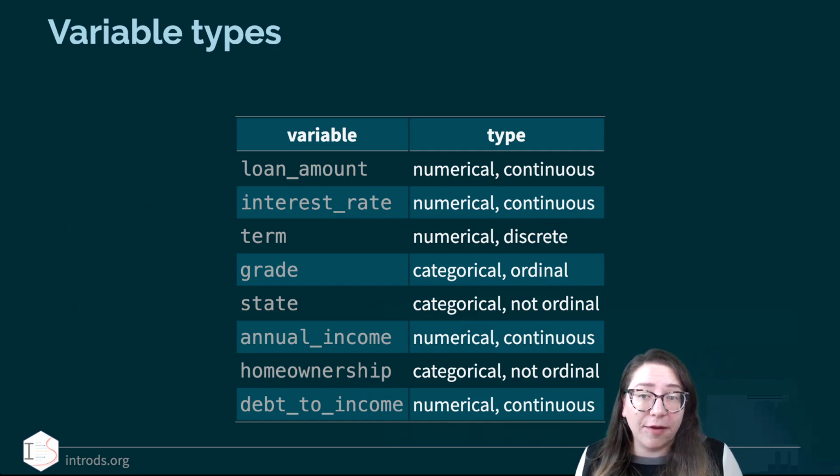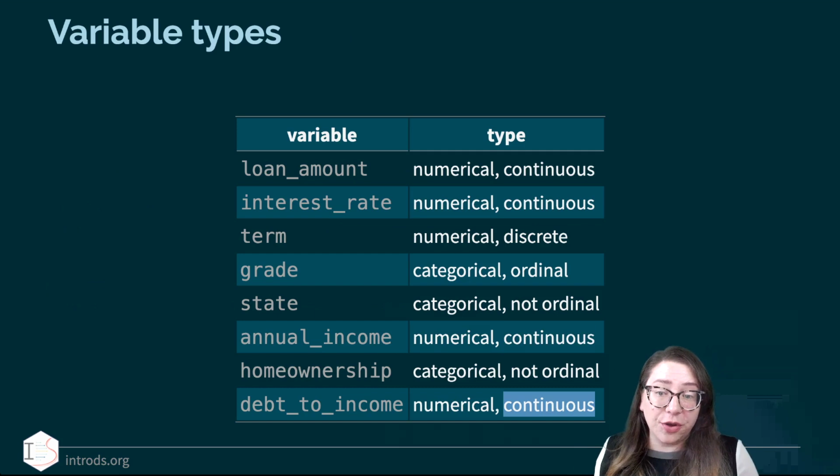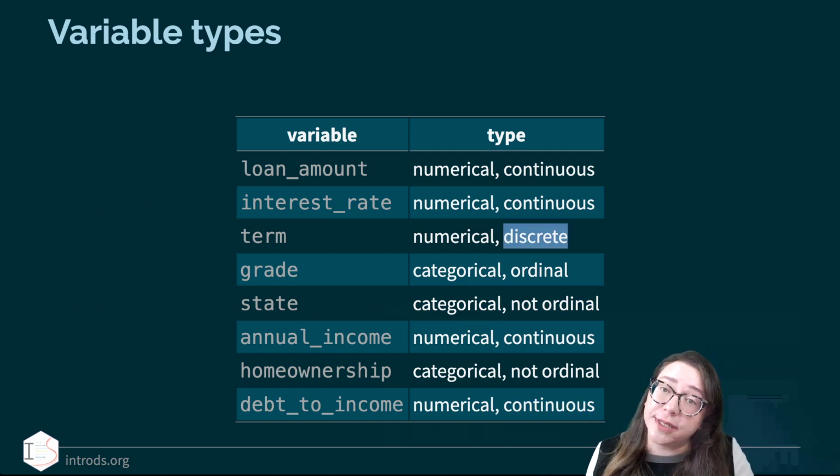And here are the variable types. So loan amount, interest rate, and term are numerical variables. And so is annual income and debt to income ratio. And we can see that some of these are continuous. So for example, loan amount and interest rate are continuous, and so is annual income and debt to income ratio. But term, we were told, is always given to us in whole number of months. So that is a discrete variable.